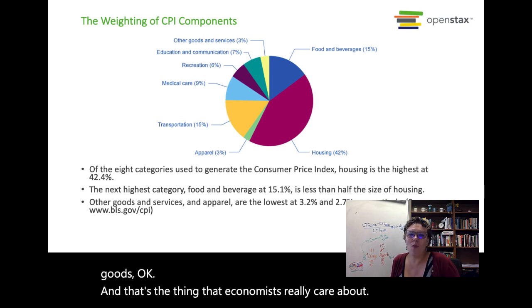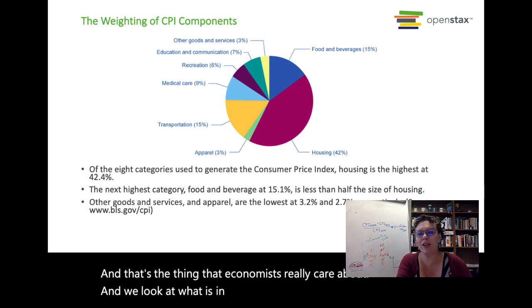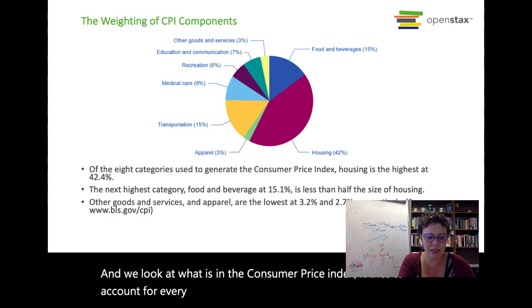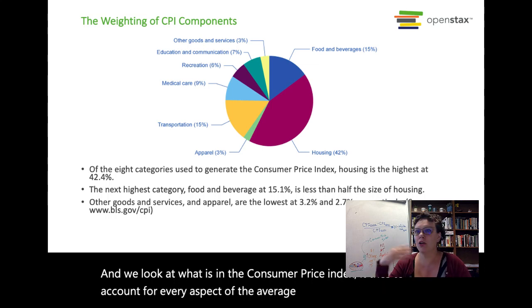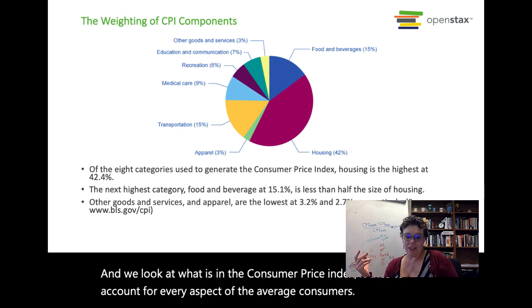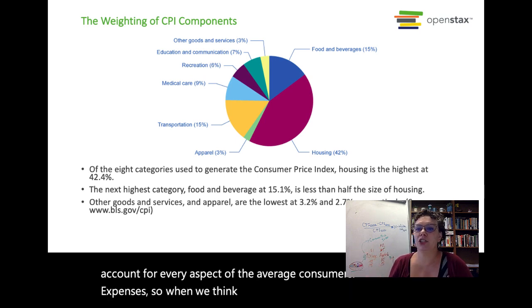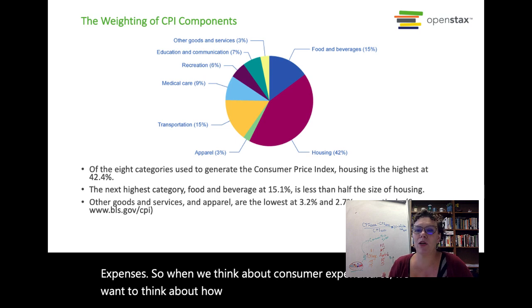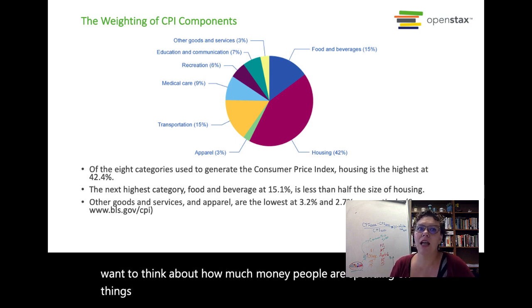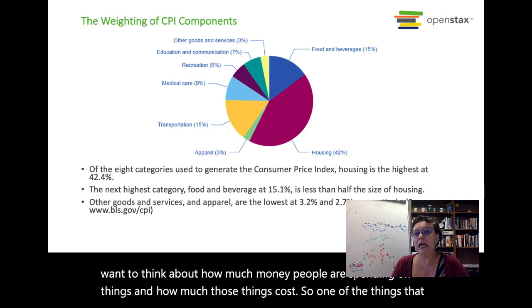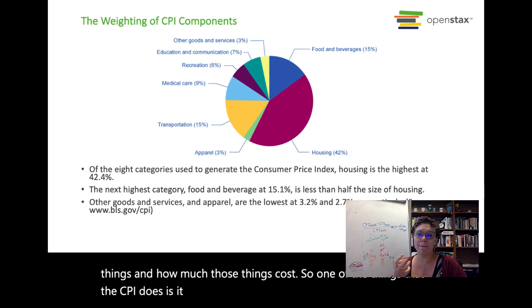When we look at what is in the consumer price index, it tries to account for every aspect of the average consumer's expenses. So when we think about consumer expenditures, we want to think about how much money people are spending on things and how much those things cost. So one of the things that the CPI does is it weights the components.